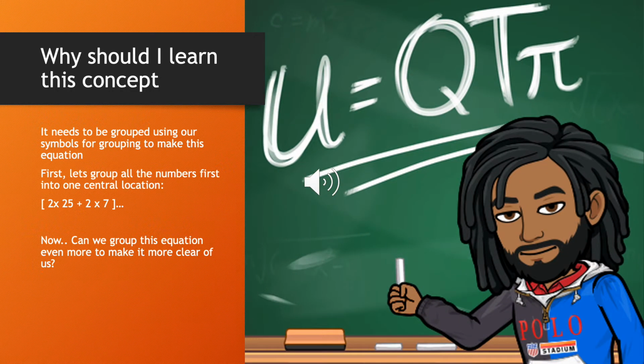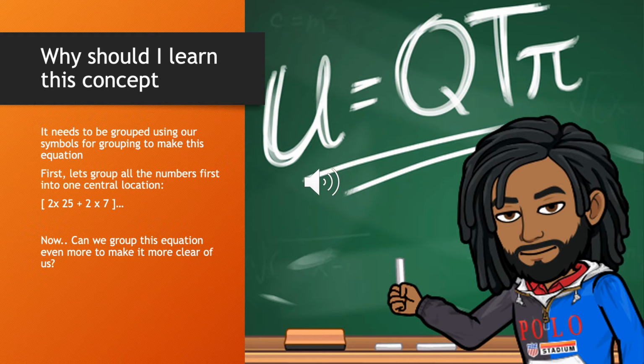Ding, ding, ding. Great thinking. Yes, it needs to be grouped using our symbols for grouping. First, let's group all the numbers, all of the digits in the entire equation, into one central location. So we're going to use our brackets.